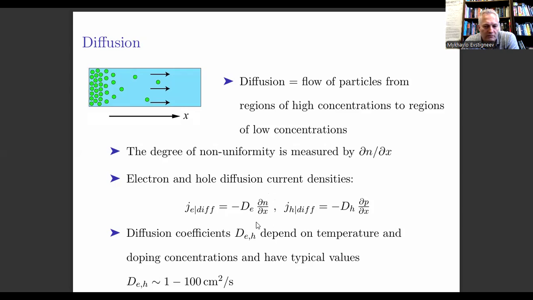So altogether, dN by dx is measured in centimeters to the -4. Hence, the diffusion coefficient is measured in centimeters squared per second. And like I said, in semiconductors, it has a typical value in the centimeter squared per second range, from 1 to about 100 centimeters squared per second.